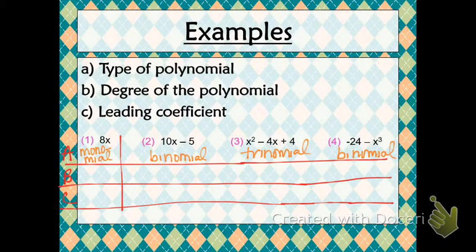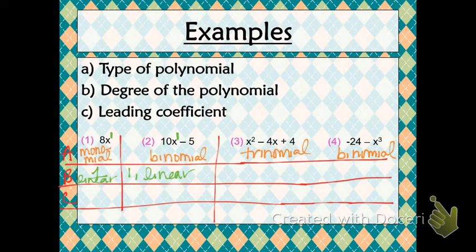The degree, recall, is the highest degree of all of the monomial terms. So you're looking at exponents to find that out. So for 8x, that's like an x to the 1, so that has degree 1. And we call that linear. Number 2 also has a degree 1. It's another x to the first, so that's also linear and has degree 1.